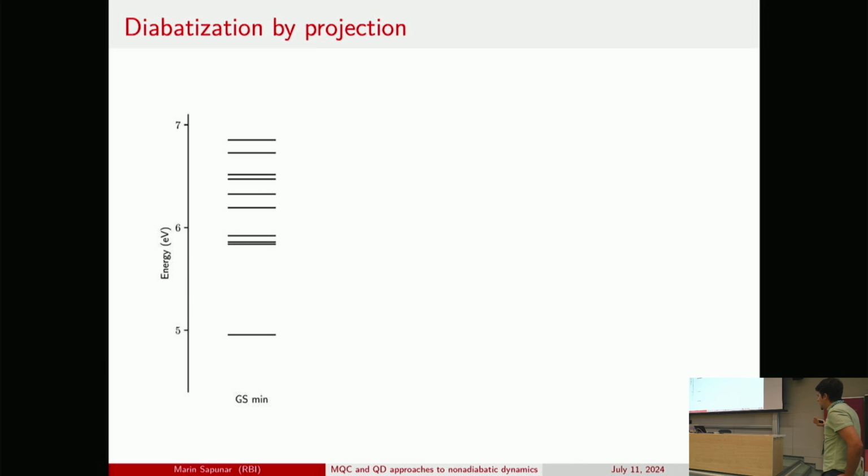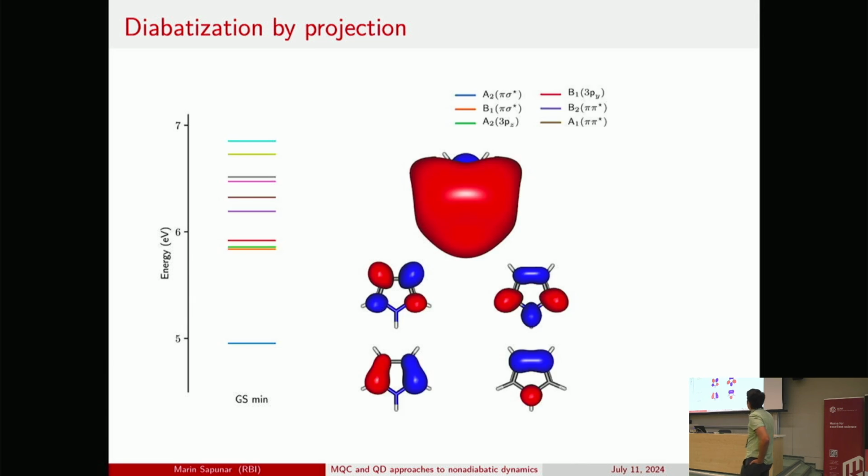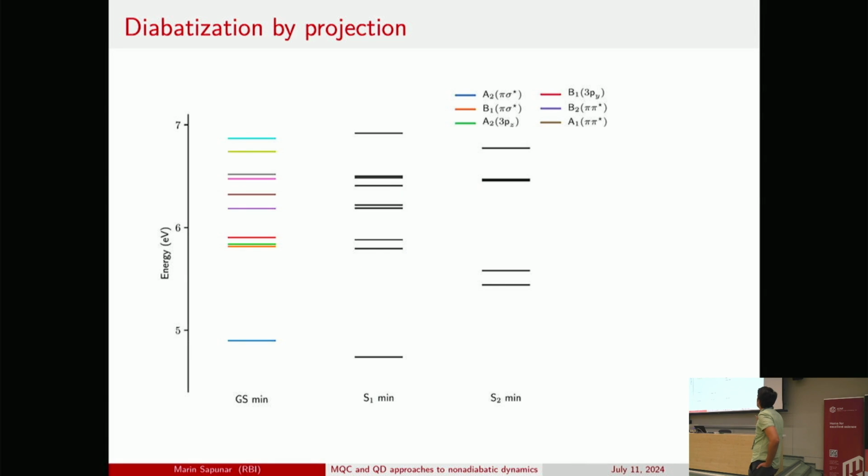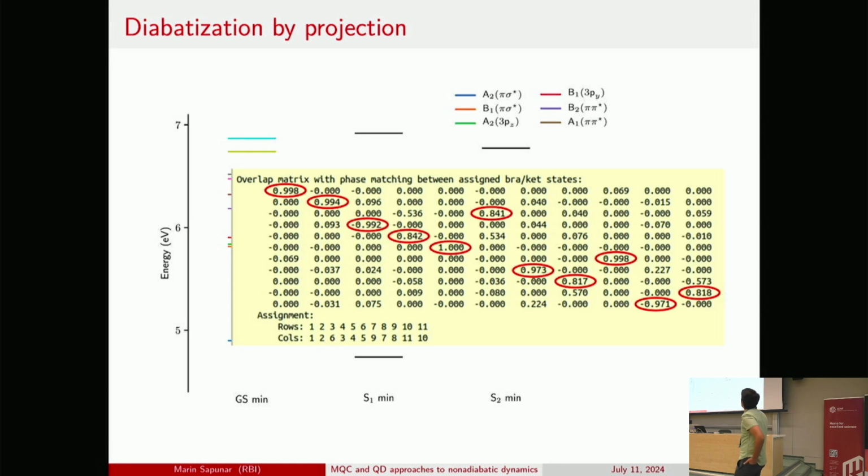What I'm doing is basically diabatization by projection. We take a geometry, usually the ground state minimum, and at that geometry we look at the states and label them, giving them some diabatic labels. Then we get more geometries. They can be different minima, or usually a bunch of geometries from all the trajectories that we are running.